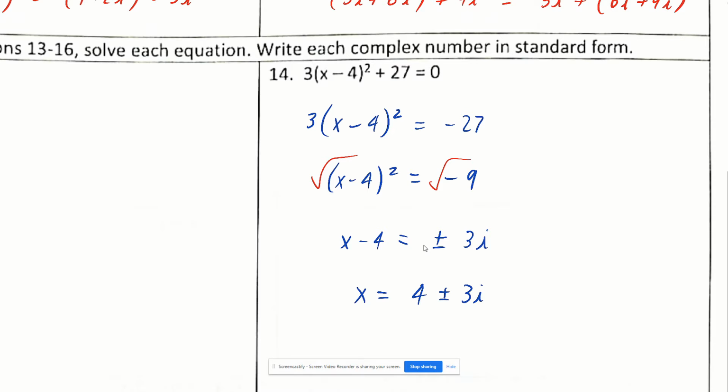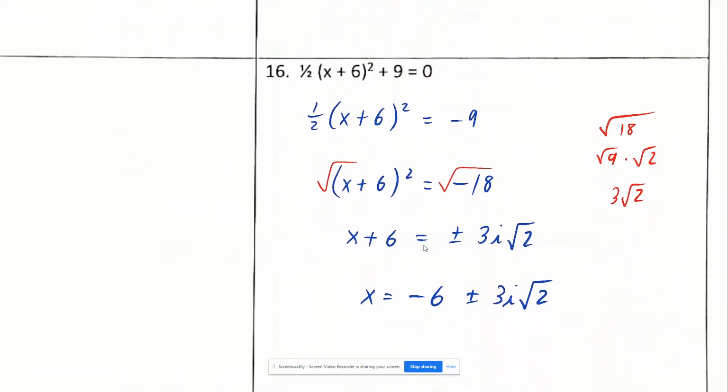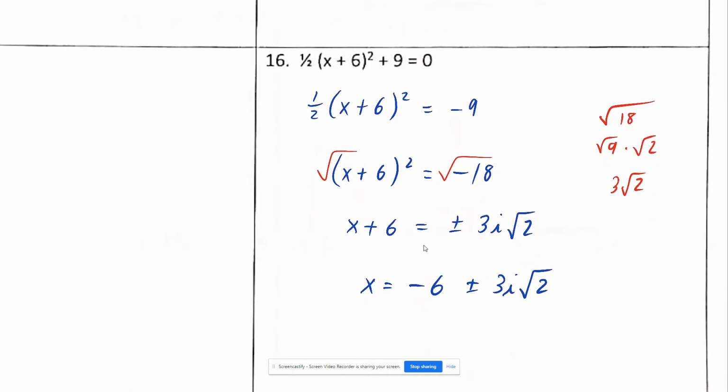That's when I add my plus or minus. The negative comes out as an i, and then the square root of 9, since it's a perfect square, breaks out as a 3. Lastly, I add the 4 over, so sure enough, there's my answer, 4 plus or minus 3i. And the last one you were supposed to do is right here, number 16. Look what I did. I subtracted 9.